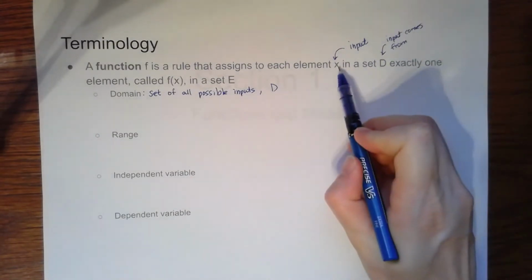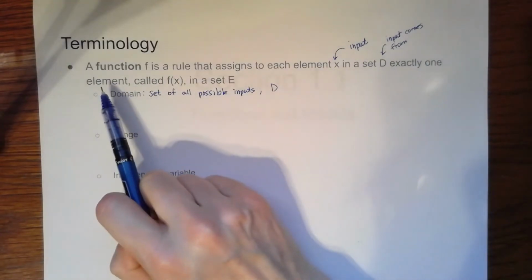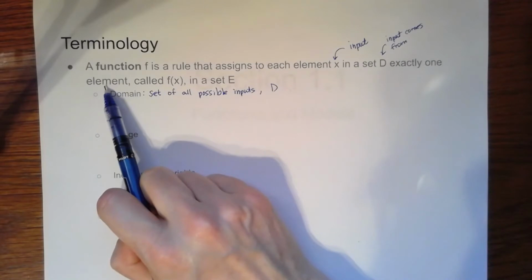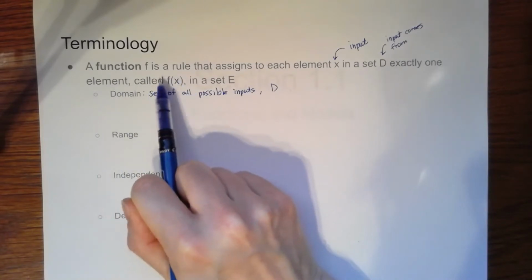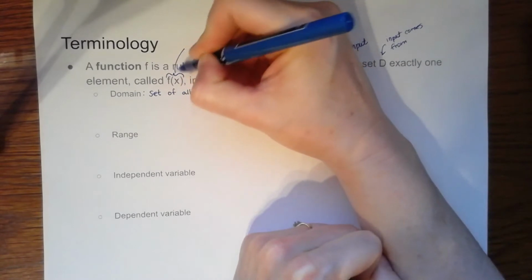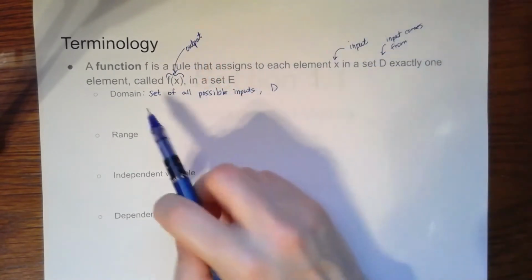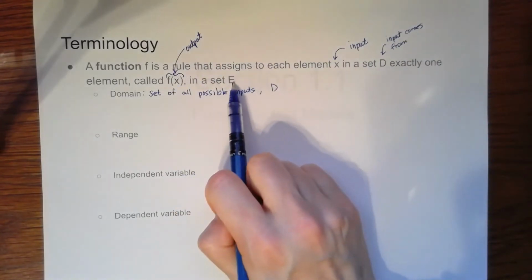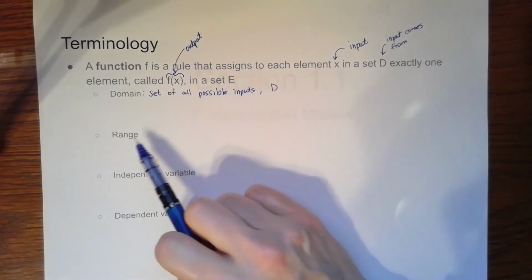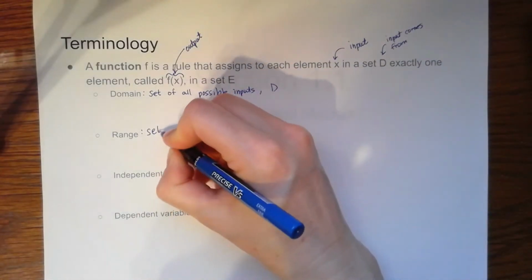Once we get our input value, the function f, there's some kind of rule, assigns exactly one element, and it's called f of x. So this whole thing, f of x, this is our output. And the output comes from a set E, and that's the range. So the range is the set of all possible outputs.